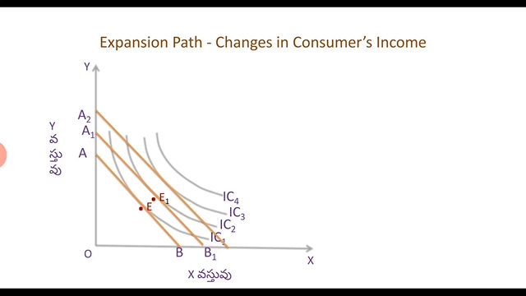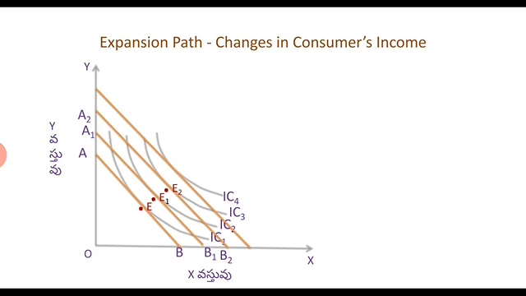After some time, the consumer's income increases again. The new budget line formed is A2B2. The consumer's equilibrium shifts from E1 to E2.